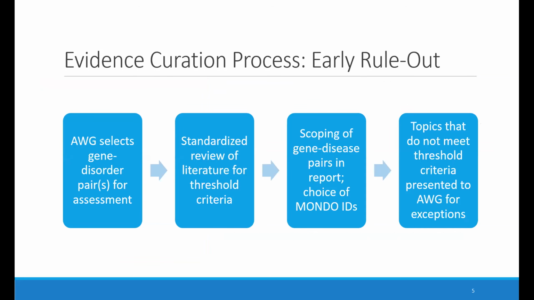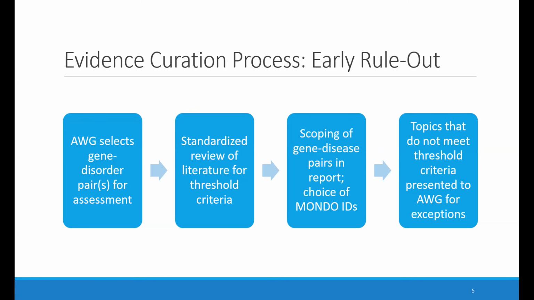So when we consider a gene disorder pair, this is our early process. We want to know whether or not we meet a threshold of actionability. So first, what happens is we have an expert working group.